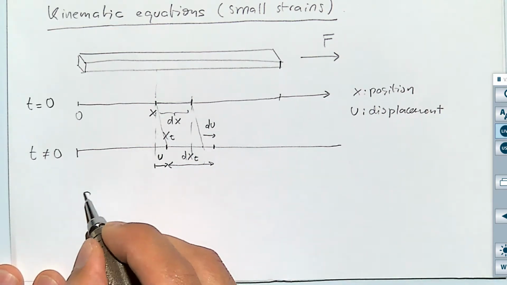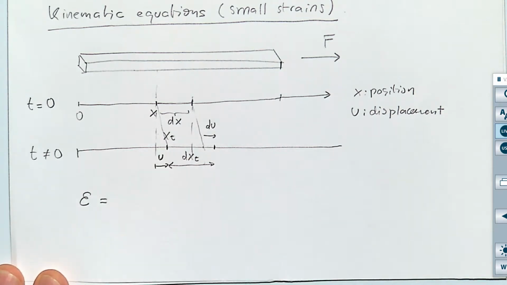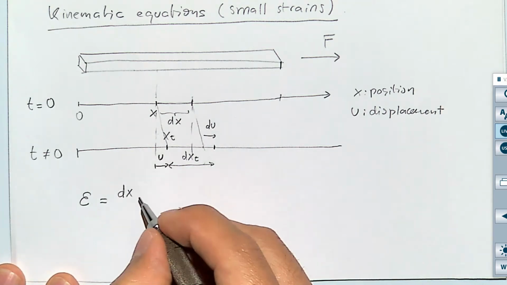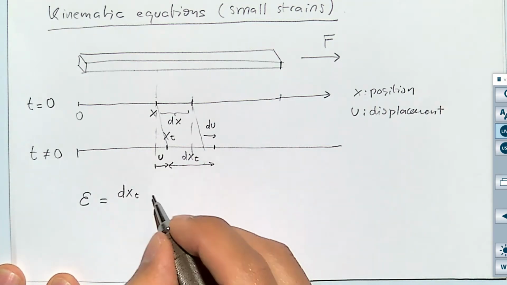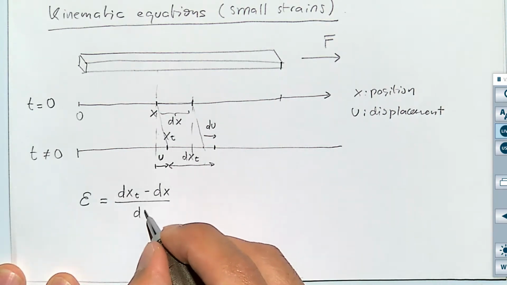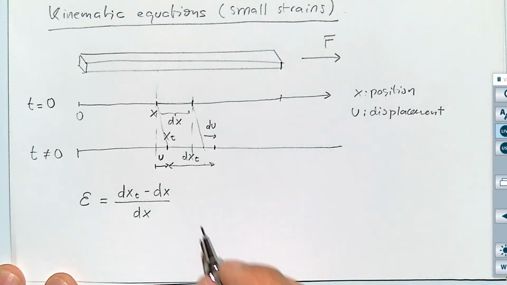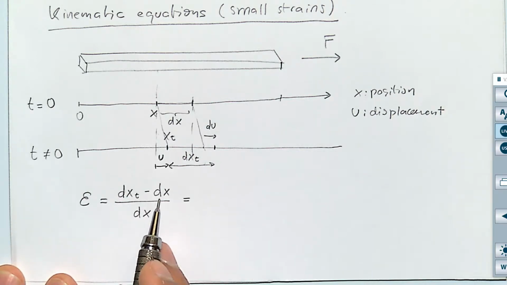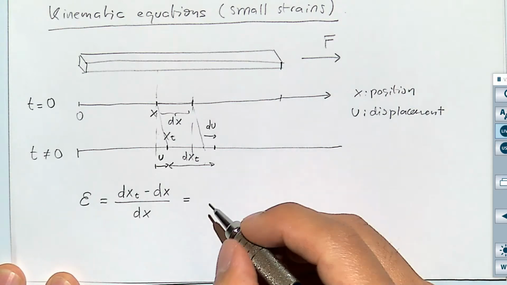The definition of strain is the change of length divided by the original length, right? So we all know that, and if I write that, that's going to be the length of the segment at time t minus the length at time 0, divided by the length at time 0. And if I write all of these quantities in terms of positions and displacements instead of lengths, I'm going to get the following.